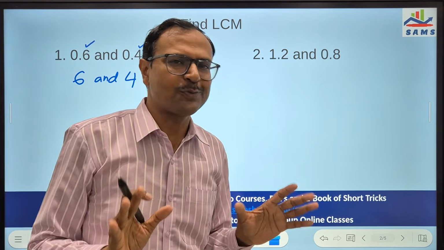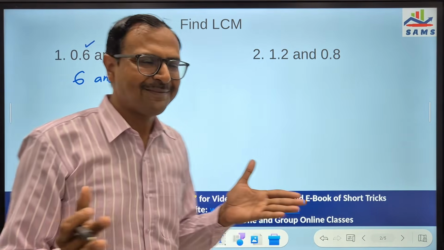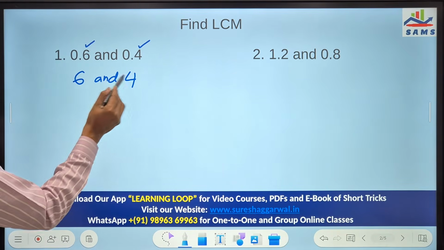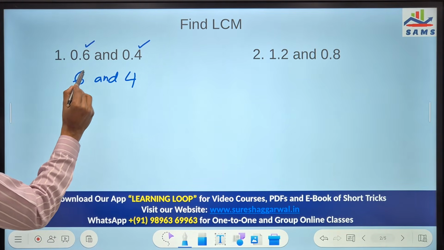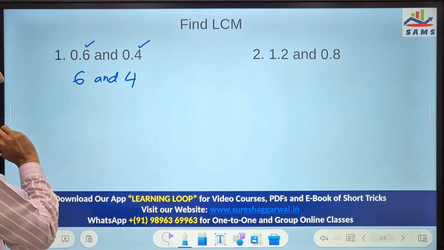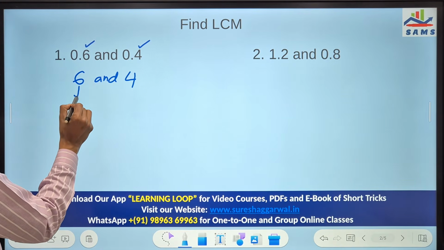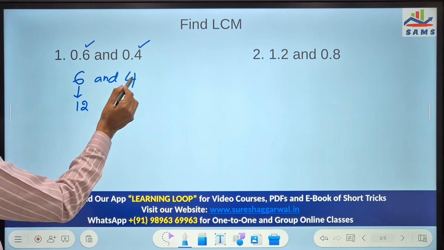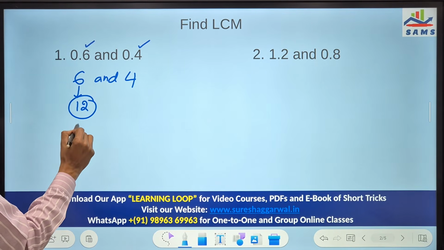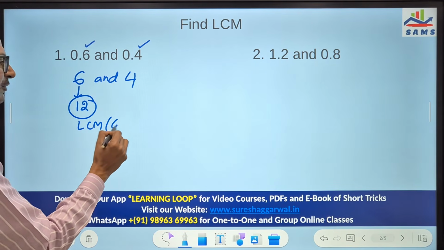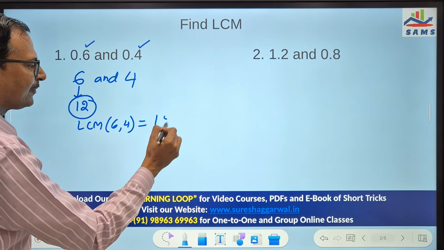Now everybody knows what is the LCM of 6 and 4, right? Because 4 doesn't divide 6, so 6 cannot be the LCM. So I have to take the next multiple of 6, which is 12. Now 4 divides 12, and therefore the LCM of 6 and 4 is 12.